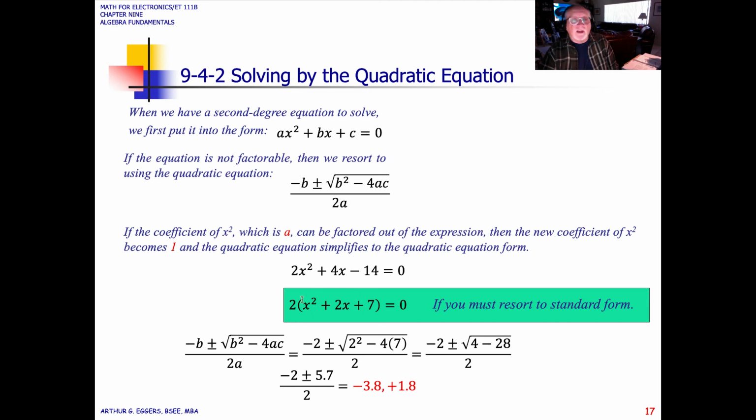You can factor that 2 out, which makes things a little easier later, and now I have x squared plus 2x minus 7. I can use the quadratic equation, put my terms in for a, b, and c, and solve, and what I end up with are my two roots, minus 3.8 and plus 1.8.